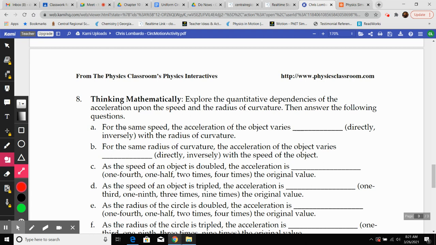For the same speed, the acceleration of the object varies directly or inversely with the radius. So how is the acceleration going to be affected as we change the radius? We're going to leave the speed the same and see what happens to acceleration if we change the radius.